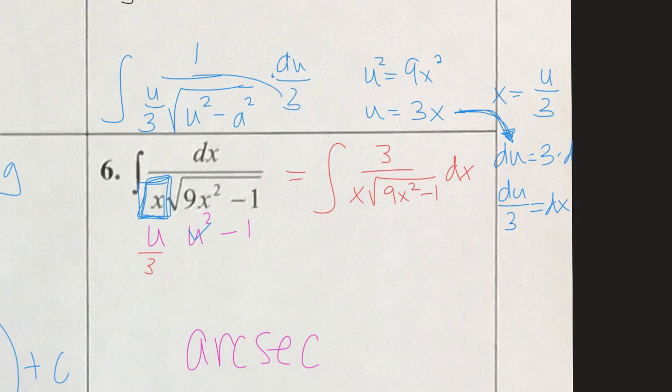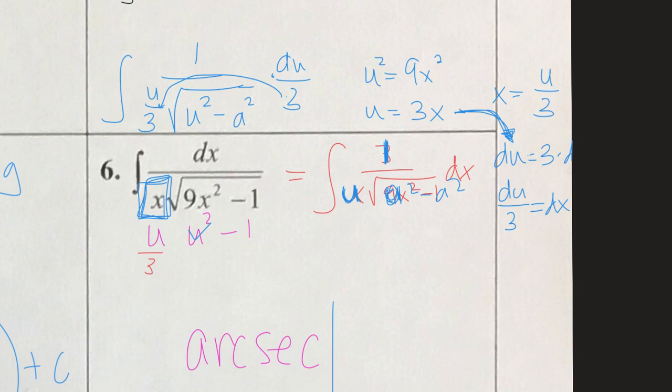Since we have a 3 and a 1/3 down here, those cancel out. So we have 1 over u times the square root of u squared minus a squared. Sorry, that was a long way of saying that's what we can do.